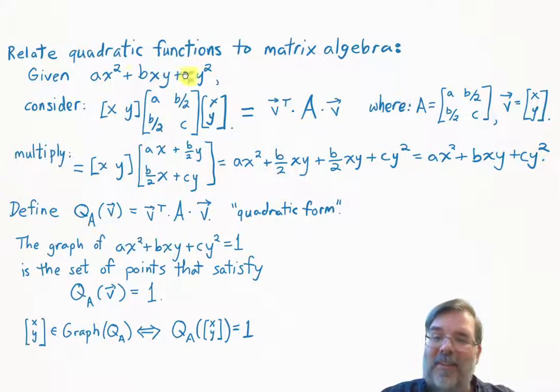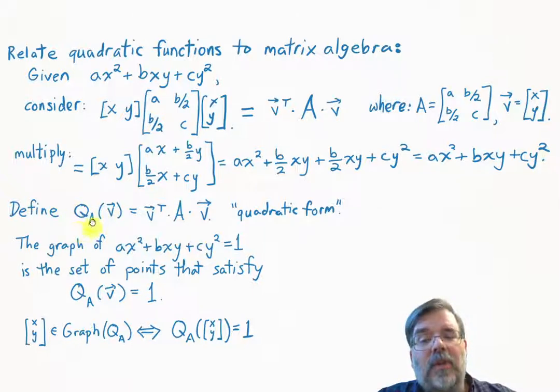Well, it's not a coincidence. If you're given a quadratic function in this form, you just take these coefficients and construct this matrix. That will always work. But when we think of this matrix-like function, we call that a quadratic form. It's a little different than our standard matrix multiplications because this vector v appears twice.